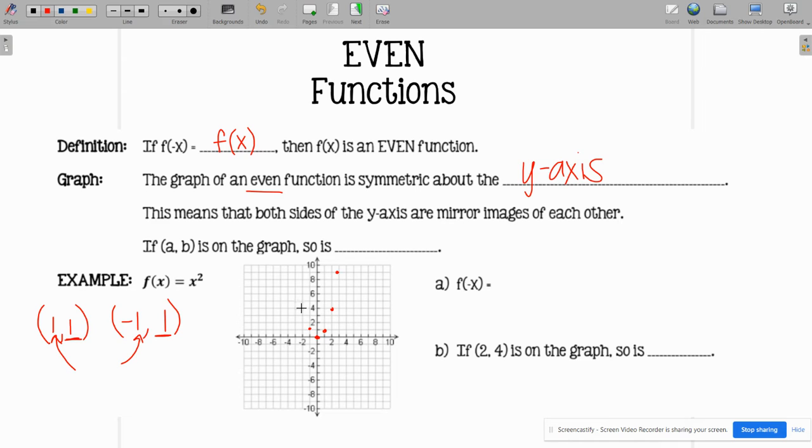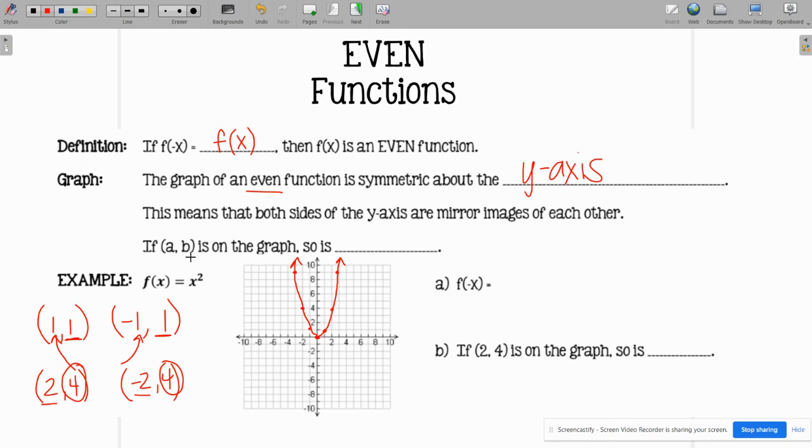Or when I plug in negative 2, I get positive 4. Again, if I plugged in 2, I got out 4. But if I plugged in negative 2, I got out 4. So plugging in the positive or negative version of the same number gets us the same y value. Plugging in negative 3, you get out 9. We have this symmetry about the y-axis. The left side and the right side are mirror images of each other.